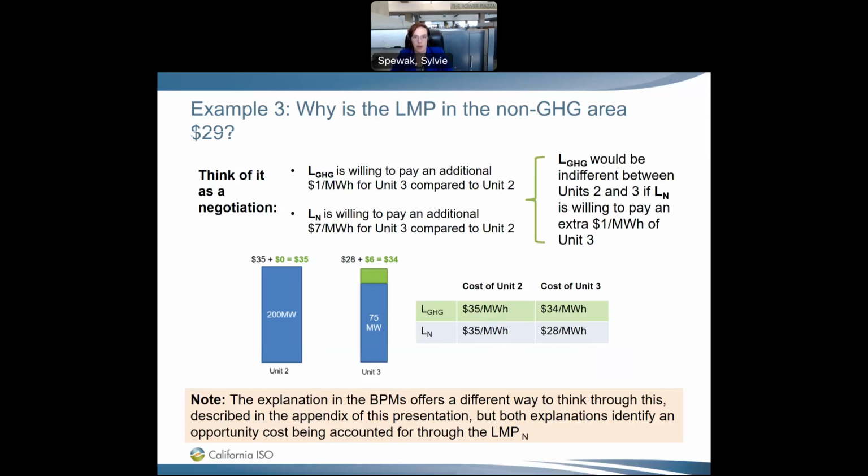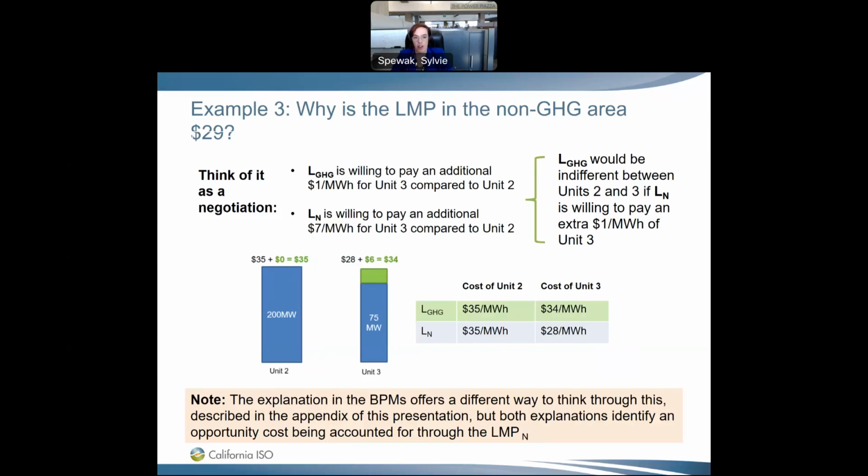But what that does is it forces 1 megawatt of capacity that we were using to serve the GHG area to move from Unit 3 to Unit 2. And load in the non-GHG area has to pay for that. So load in the GHG area is willing to pay an additional $1 per megawatt hour to make that switch.